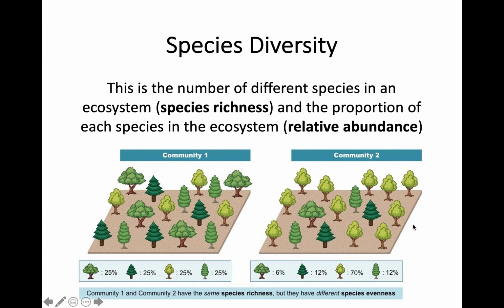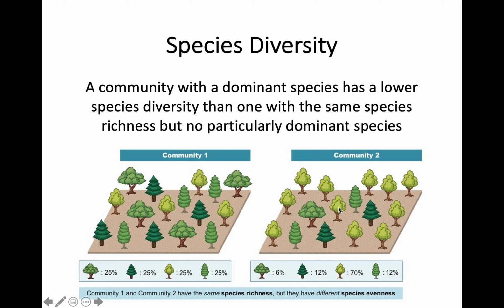However, you can tell that in Community 2, the majority of this ecosystem is being taken up, or 70% is taken up by this type of tree here, this kind of lighter green pointer version, compared to in Community 1, where it's all nice and even. So they have the same number, the same species richness in Community 1 and Community 2. However, there is different relative abundance, and there's larger relative abundance of this tree in Community 2.